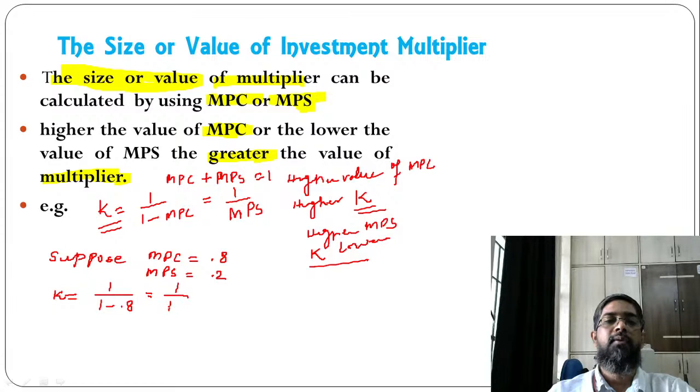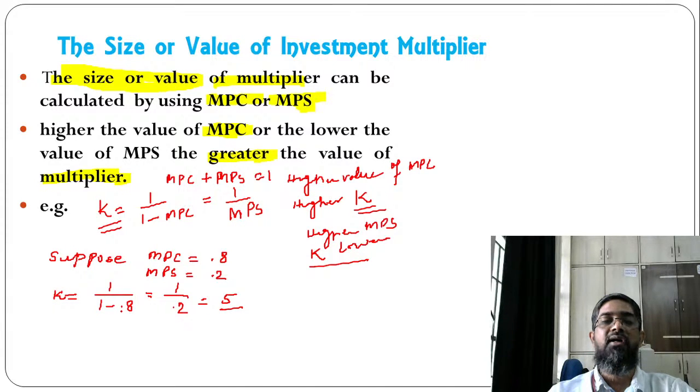This will be equal to 1 upon 0.2, so the value will be equal to 5. So the value of k, that is the multiplier, will be equal to 5.